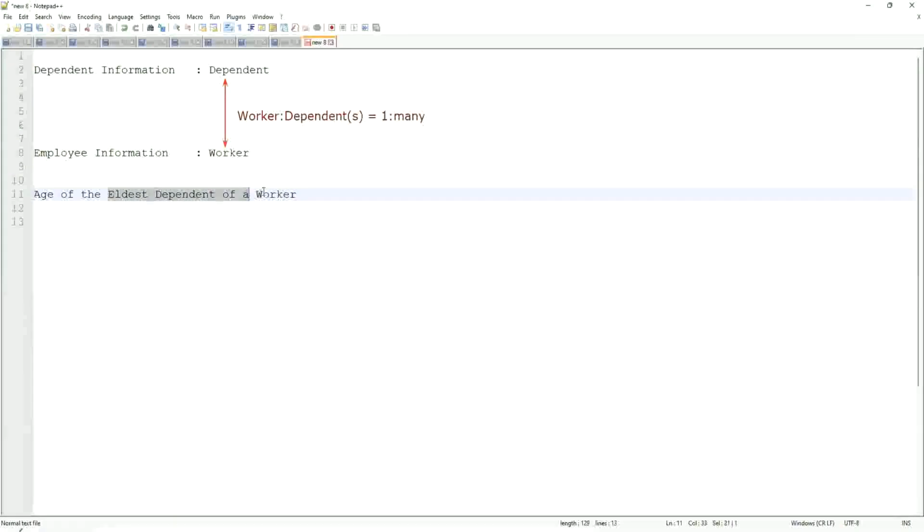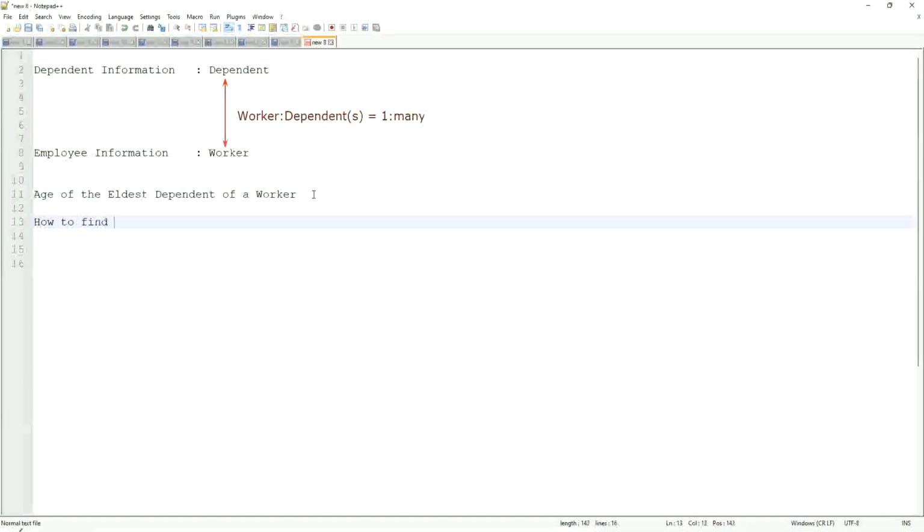Now, eldest dependent. One worker may have many dependents. When you have multiple dependents, how do you find the eldest dependent? Based on what? Based on the age. Based on the age of the dependent.